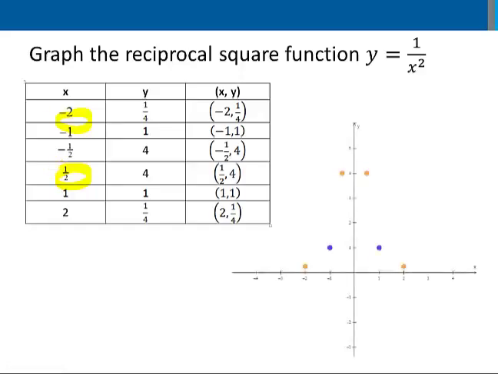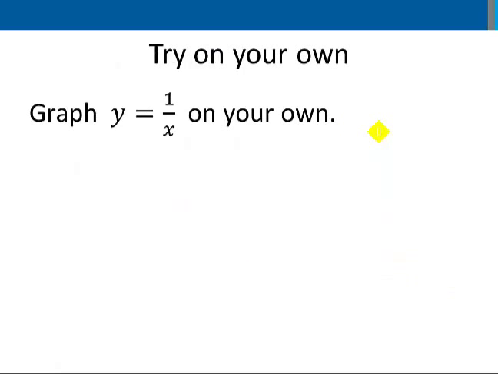We'll plot these 6 points, connect with two smooth curves, and this is the graph of y equals 1 over x squared. Try on your own graphing y equals 1 over x.